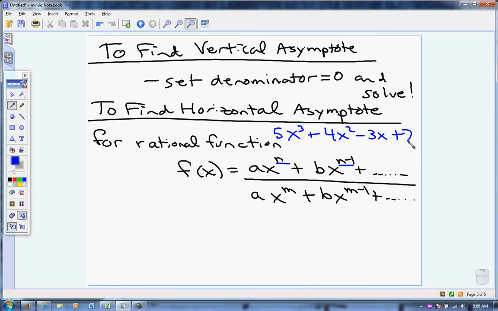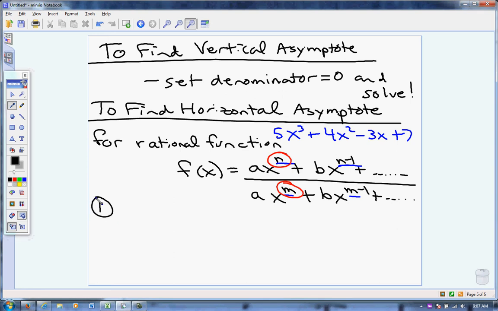It's just another way of writing a polynomial in a general fashion, because look, aren't the powers going down 1 each time? Same thing down here. But what we're interested in is the biggest power on the top and the bottom. And there's 3 rules.